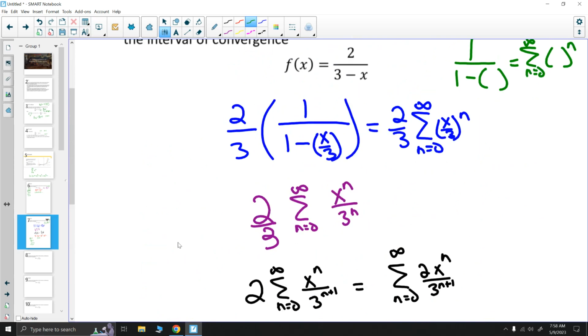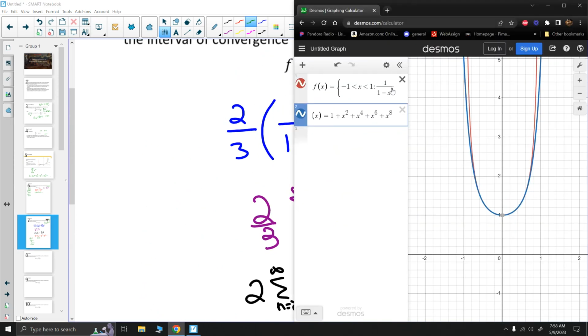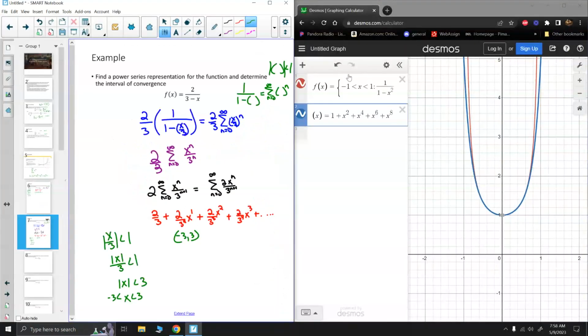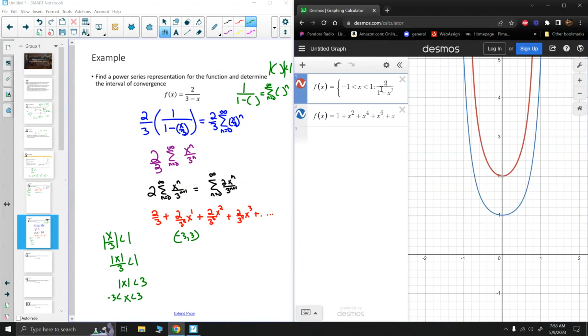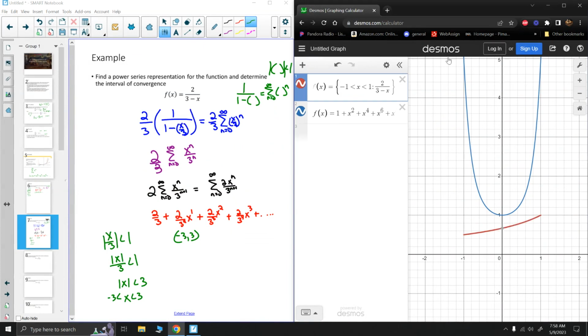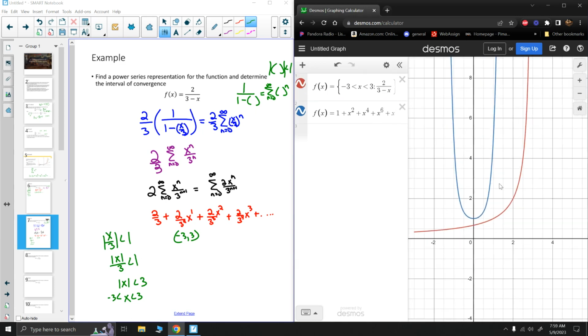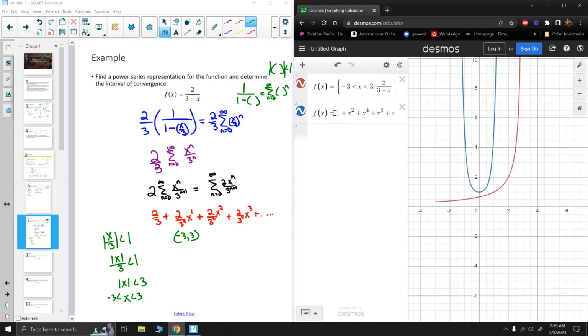Okay, so let's take a look at it again and just see. We have 2 over 3 minus x. Ooh, Control Z. Did not mean to delete that. Okay, so that's what this function is, from negative 3 to 3. That's our interval that we care about here. So here's our function, and now let's take a look at our power series.